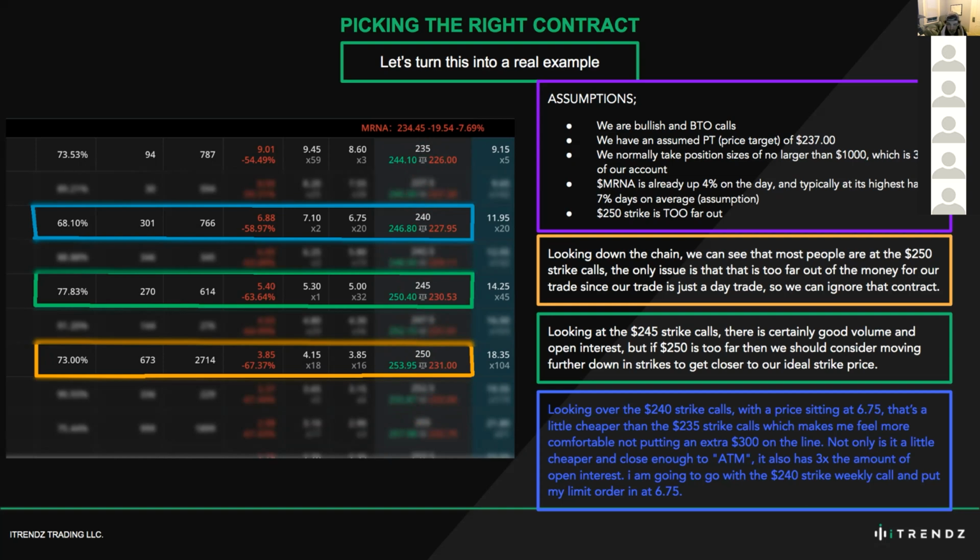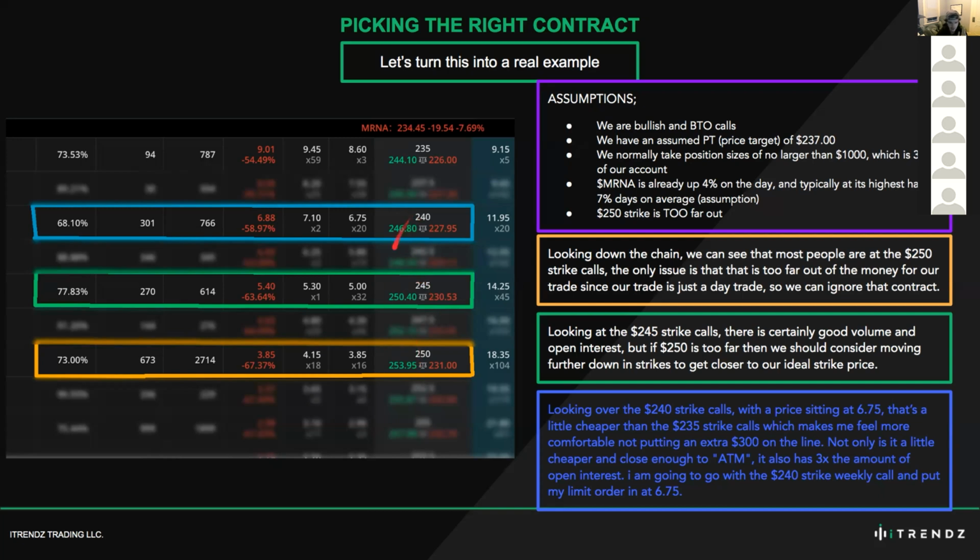And that should make sense psychologically, because a stock is more likely to go to 100 before hitting sellers rather than 101, or like 105 rather than 106. So the whole numbers are always going to have more volume in them. So we're going to look specifically at the 240, the 245, and the 250s.